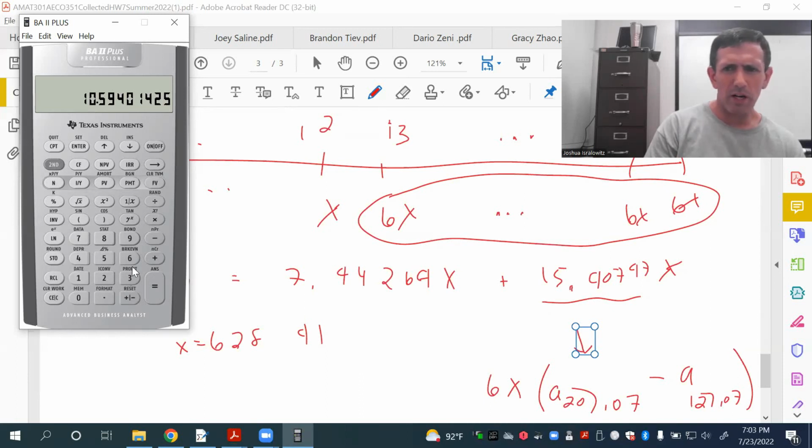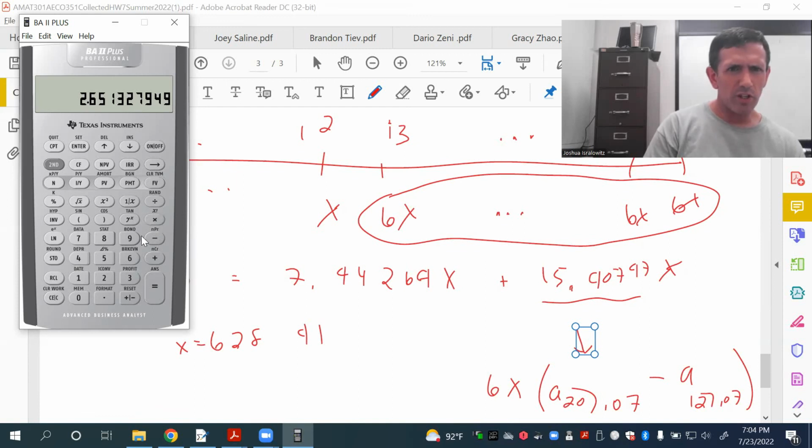Store it in the 1 spot. And let's do 12. 12N, 7 interest, 1 payment, compute present value. All right, take this, make it a negative, plus this here.